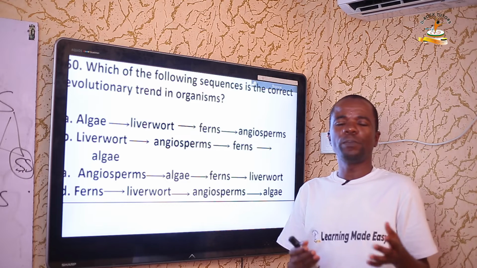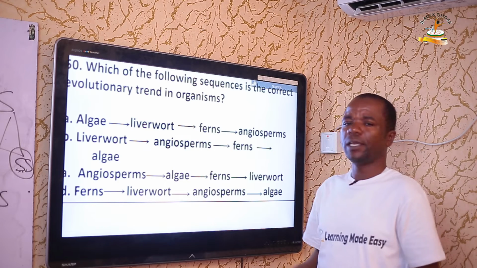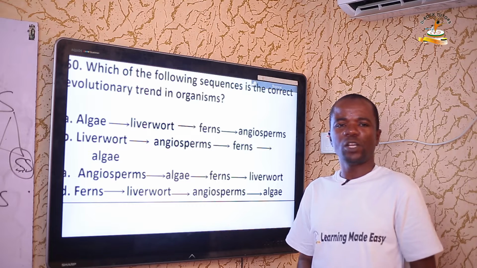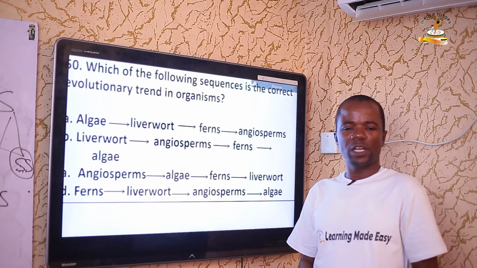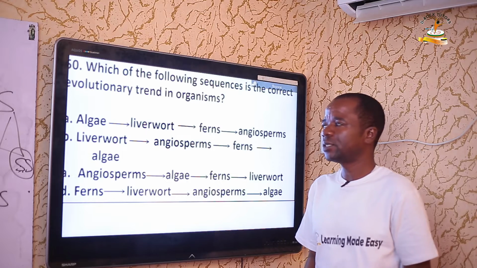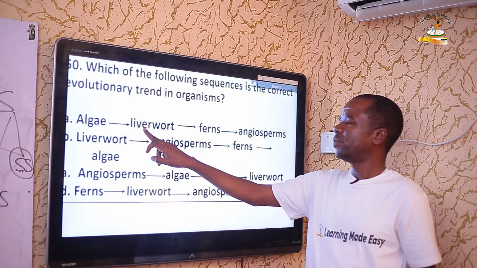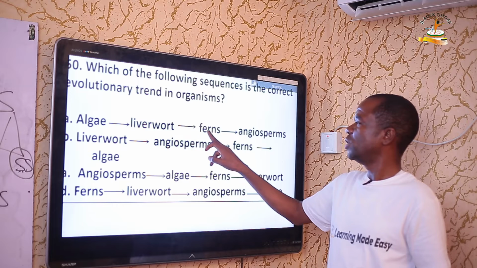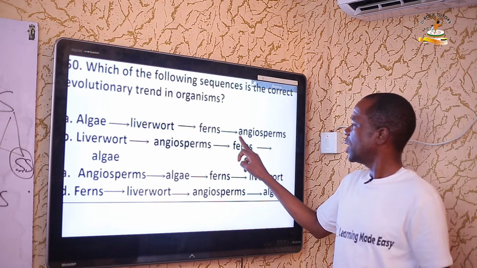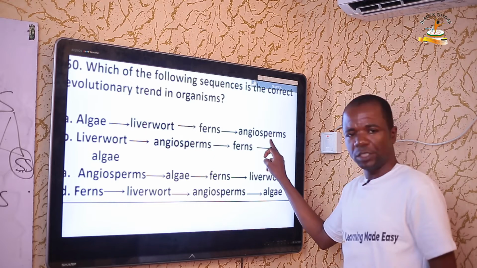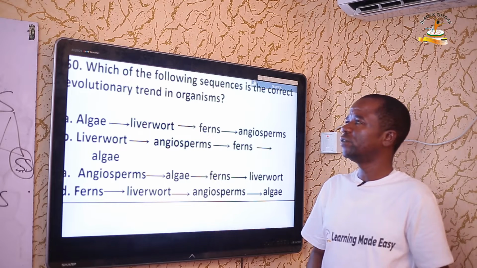Moss and liverwort belong to the phylum Bryophyta. Fern belongs to the phylum Pteridophyta. And angiosperms are flowering plants. So it is from algae, a thallophyte, to a bryophyte, to a pteridophyte, to a gymnosperm, and then gymnosperm to angiosperm. So the correct answer here is definitely option A.